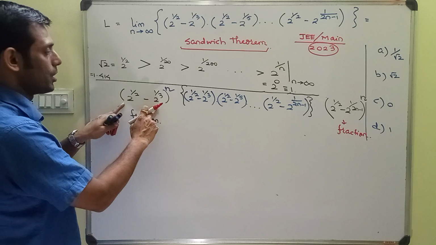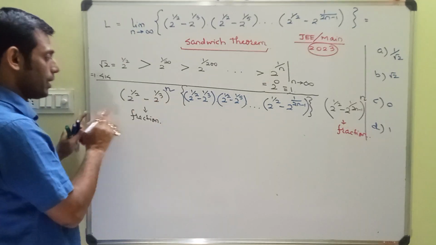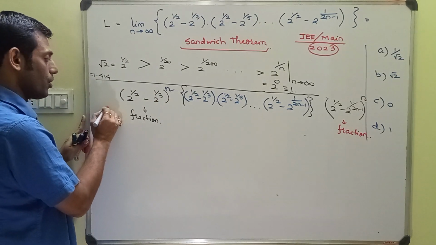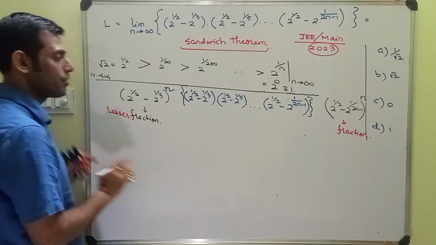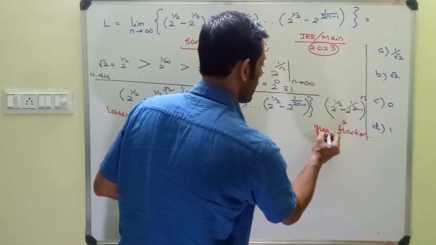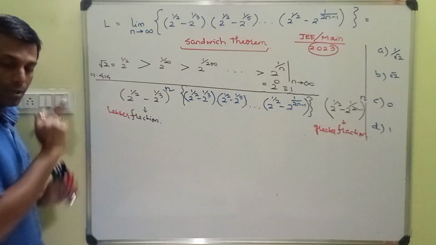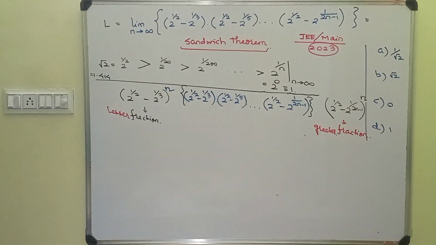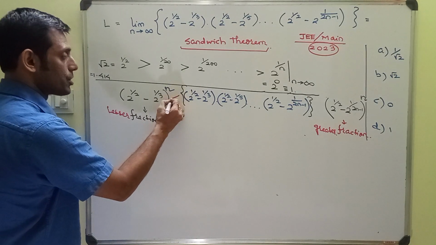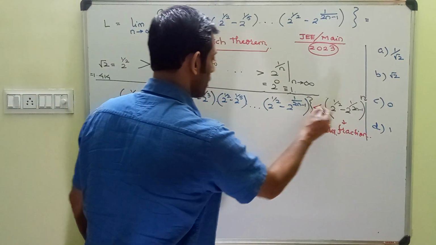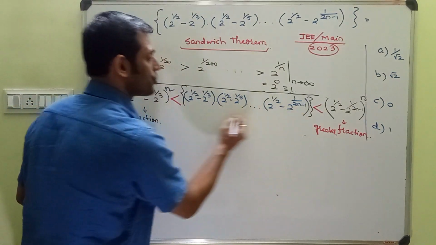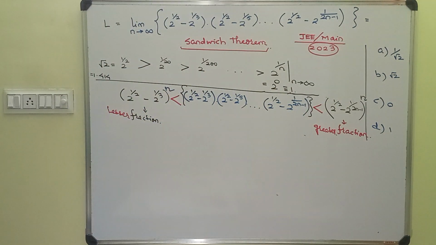See, this is a small gap and this is a smaller fraction, or you can say a lesser fraction, and this is a greater fraction. And then that means if this is a lesser fraction and that is a greater fraction, then obviously this is going to be in the middle and this will be sandwiched in the middle. And what exactly is that? That exactly is your L value, the limit value.